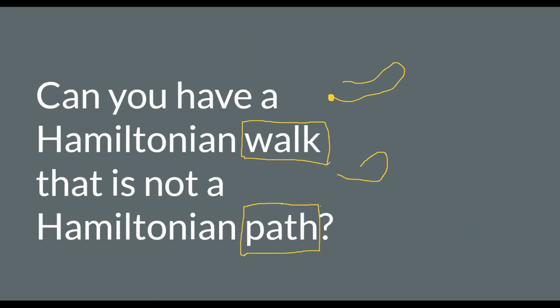And a path is like you have a very strict way of going places. So it's the more restrictive one, aka the one that can only visit a vertex once. Does this make sense? Does anyone have any questions?